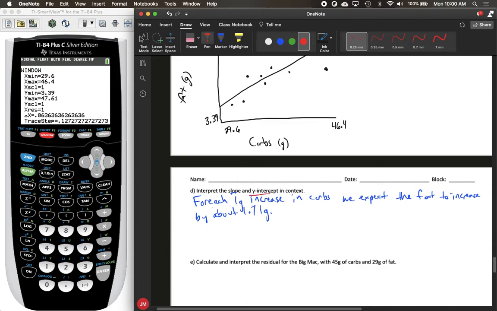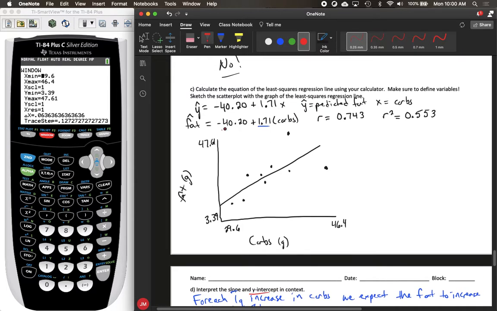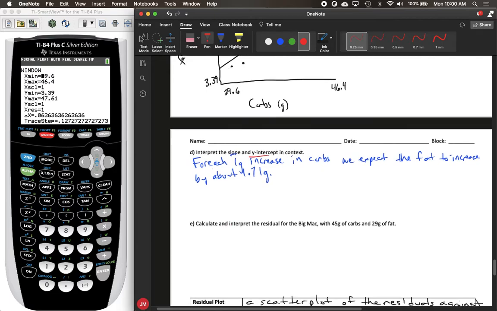Next, we'll do y-intercept. Remember, the y-intercept is your constant, so negative 40.2. That would be the point (0, negative 40.2). So we would say a sandwich with 0 grams of carbs would have negative 40.2 grams of fat.